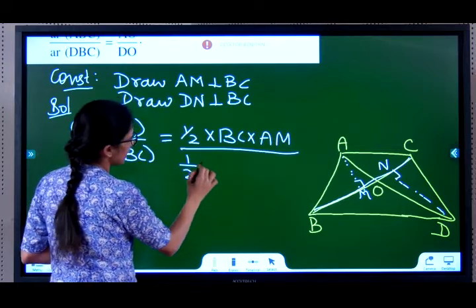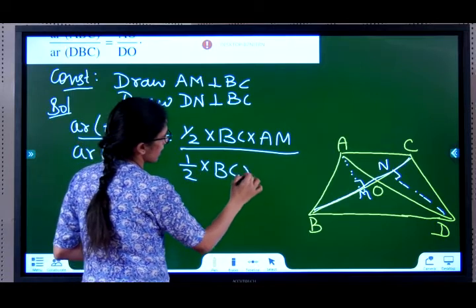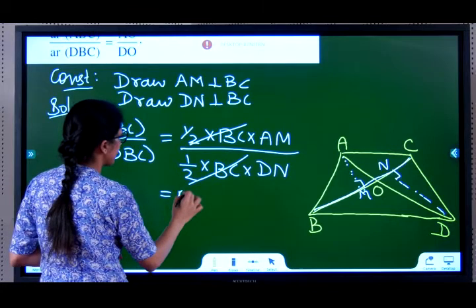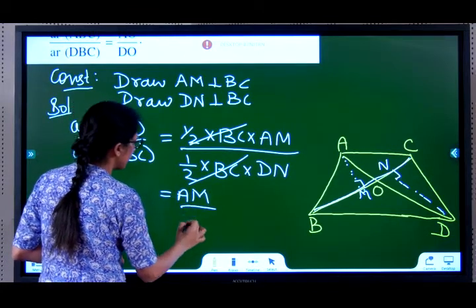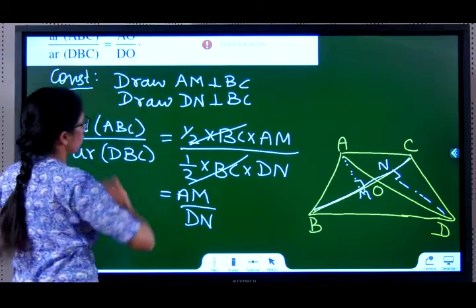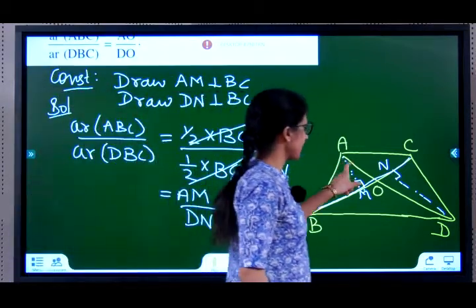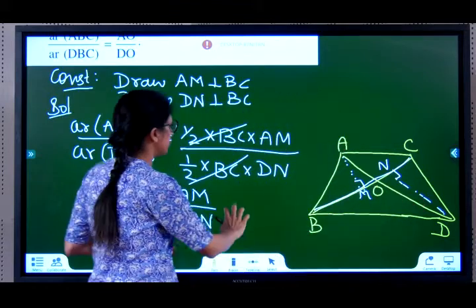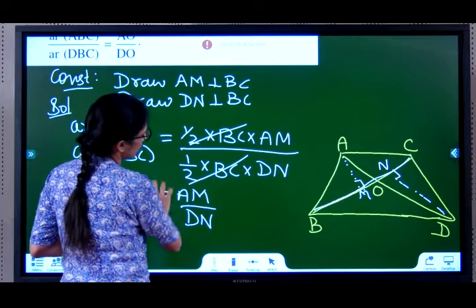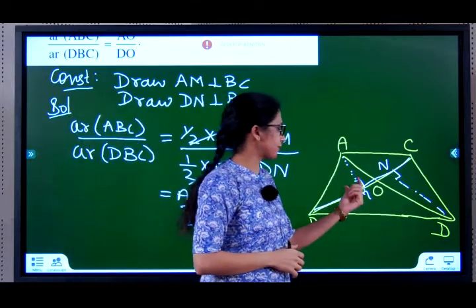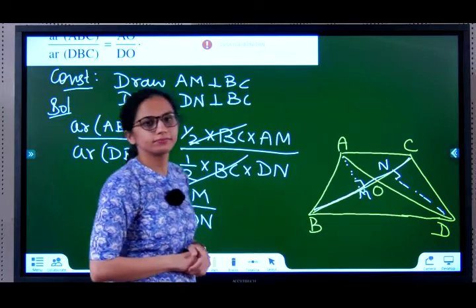And for DBC, half into base BC and height DN. Half BC cancels. I have AM by DN. But in the proof they want AO by DO. If I somehow prove AM by DN is equal to AO by DO, my problem is done. Now, how do I prove AM by DN is equal to AO by DO?